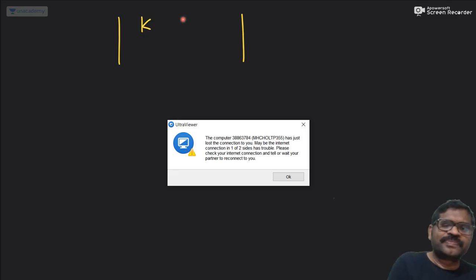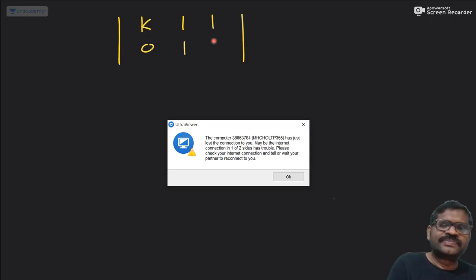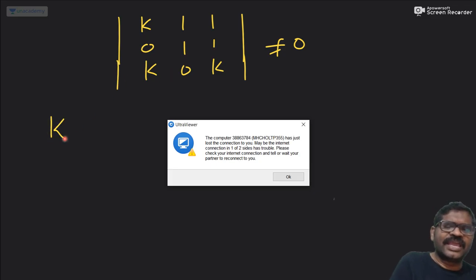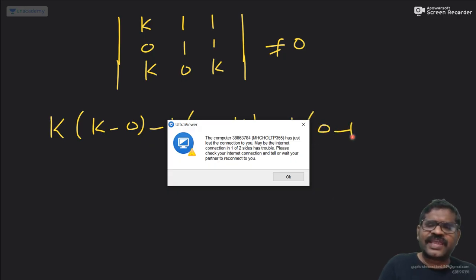K 1 1, 0 1 1, K 0 K must be non-zero. That is K of K minus 0, minus 1 of 0 minus K, plus 1 of 0 minus K, not equal to 0.